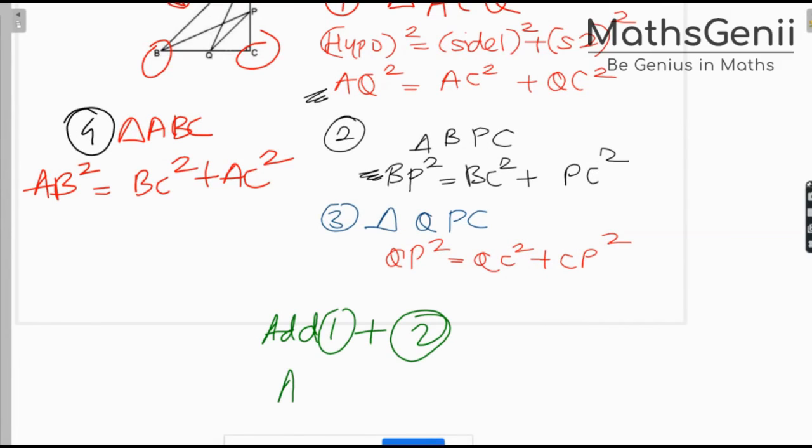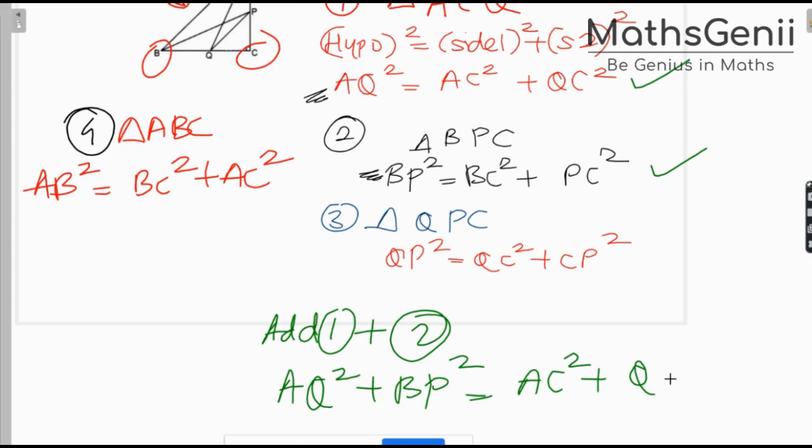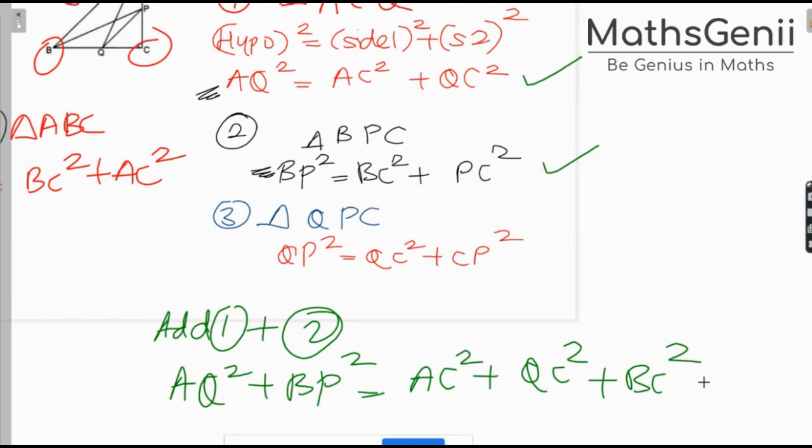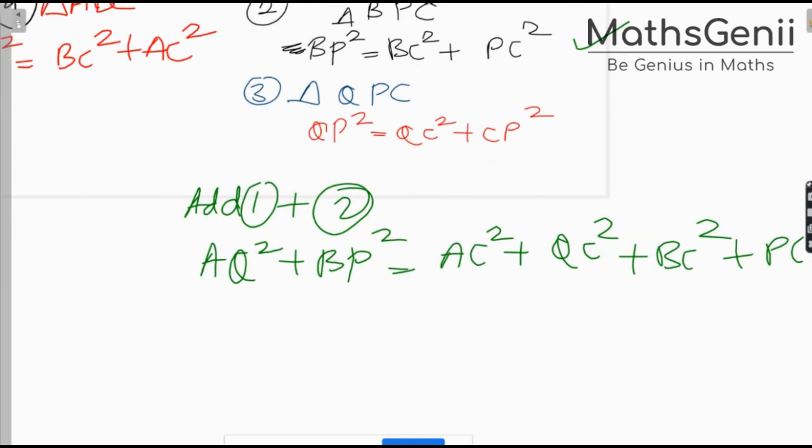So AQ square plus BP square is equal to AC square plus QC square plus BC square plus PC square. Okay.